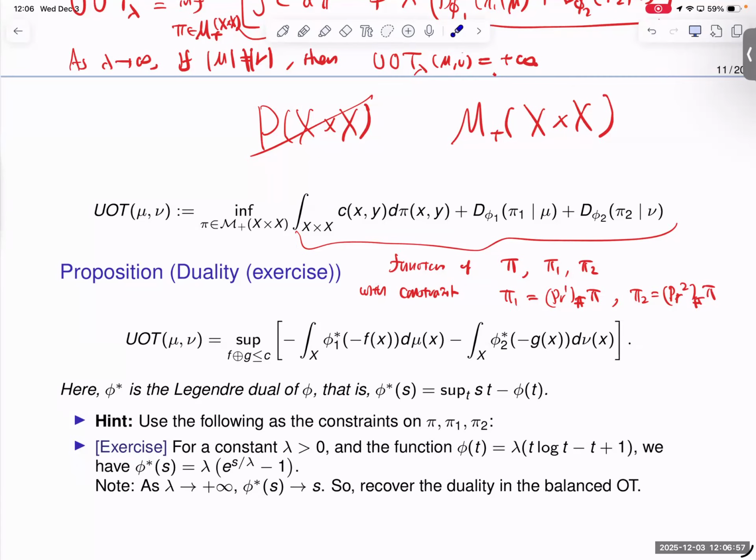Then for your dual problem, each constraint gives you a dual decision variable. So let's say this one corresponds to F, this one corresponds to G. And the objective function here is related to the constraint of the dual problem.